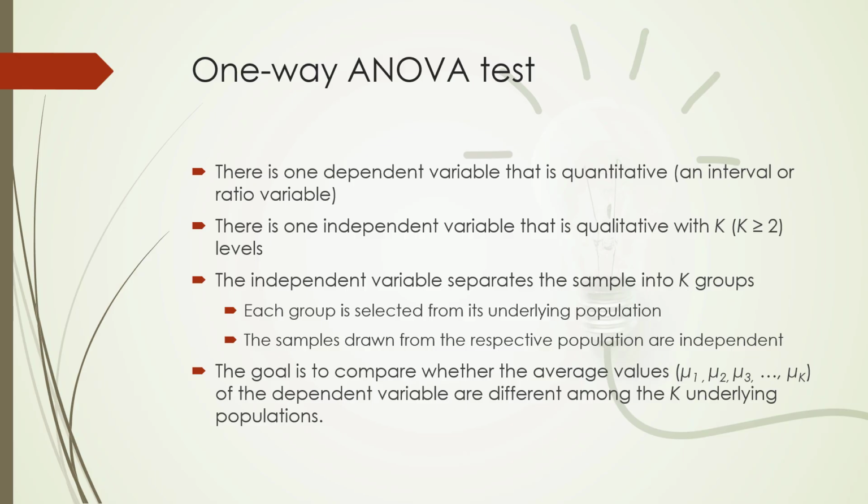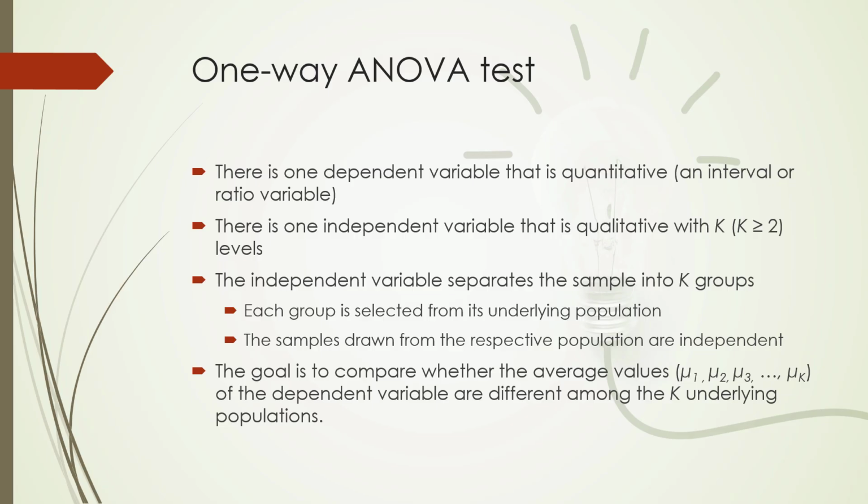This is where the one-way ANOVA provides the best approach for comparing three or more means. The term ANOVA stands for Analysis of Variance. Similar to the independent samples t-test, one-way ANOVA involves two variables.